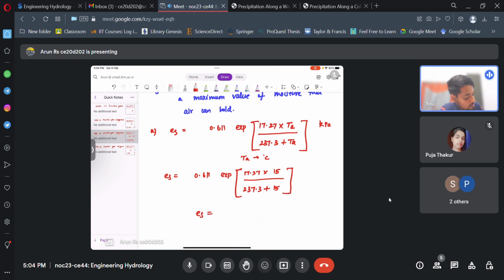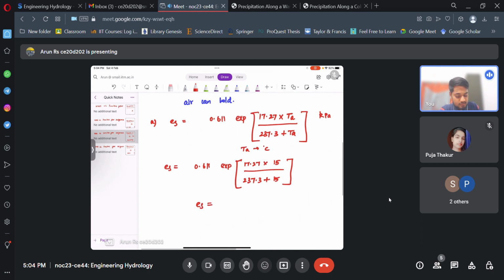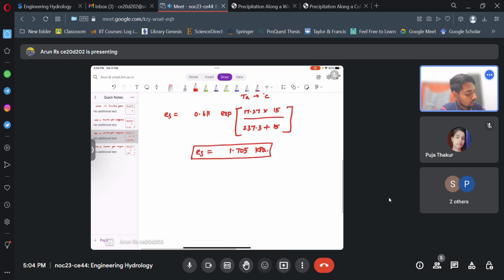This gives you a saturation vapor pressure of 1.705 kilopascals.